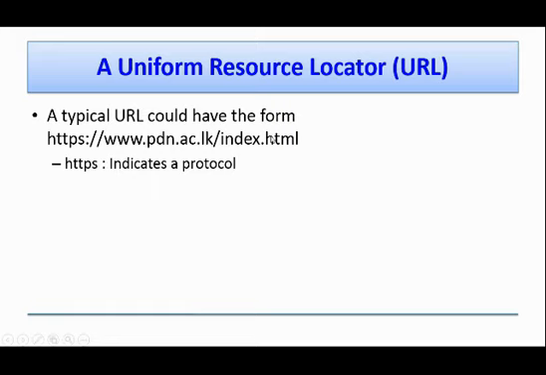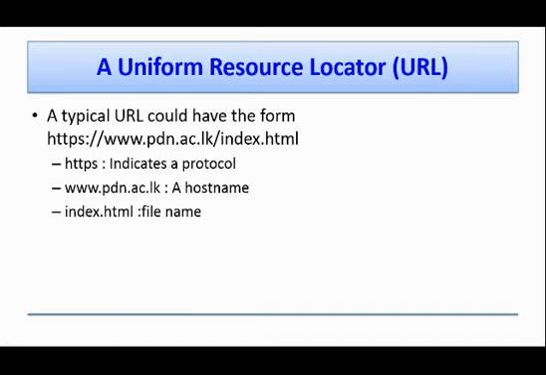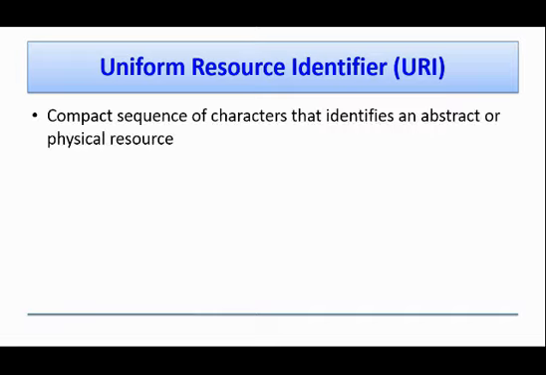So HTTPS indicates the protocol. Next we have the host name. Host name means the location of the website, and the next one is the file name. The next concept is URI, Uniform Resource Identifier. That is the sequence of characters which identifies an abstract or physical resource. That is the identifier for a particular resource, like your name, right?